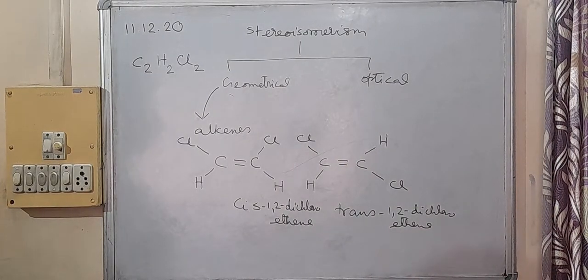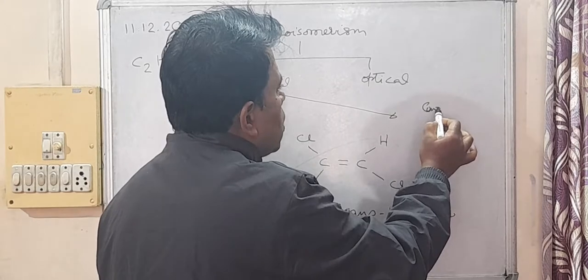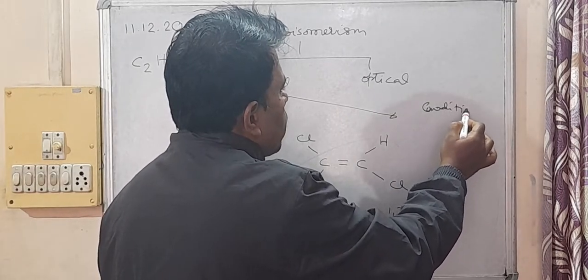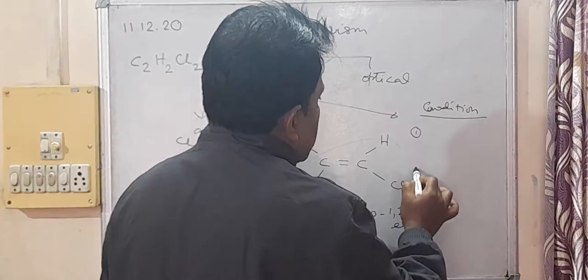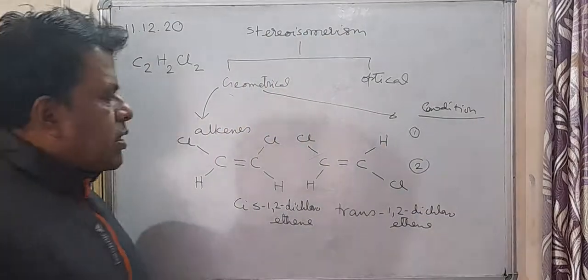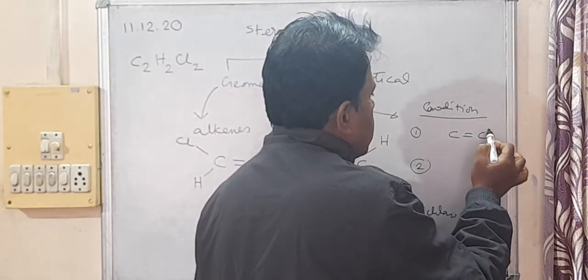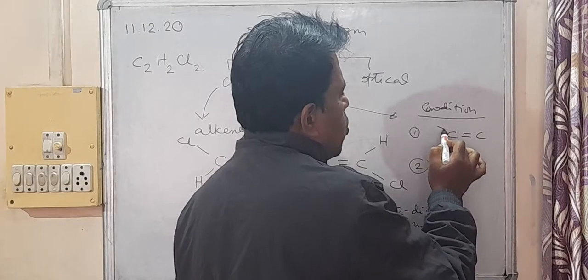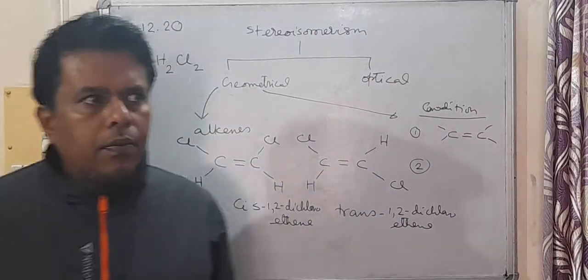Now, you should know the conditions for geometrical isomerism. There are certain conditions required for geometrical isomerism to take place. In fact, there are two conditions. The first condition is that there should be a carbon-carbon double bond. The presence of a carbon-carbon double bond is required.